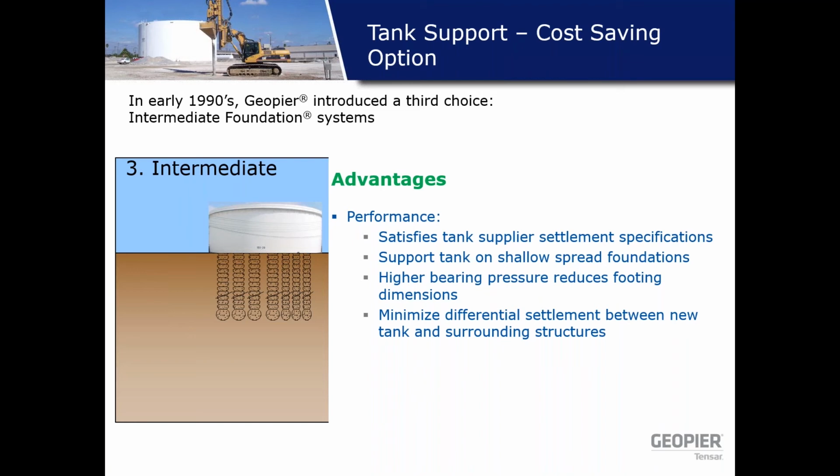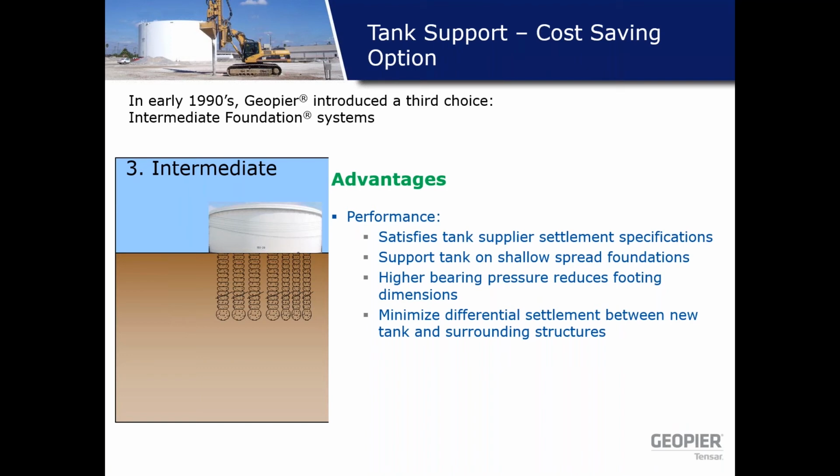One thing is you're improving the ground, or you're reinforcing the ground under the tank footprint. So you're creating a uniform reinforced crust under the tank. It does not require any removal or replacement of the material. If there is shallow groundwater, you can still perform your ground improvement system installation.